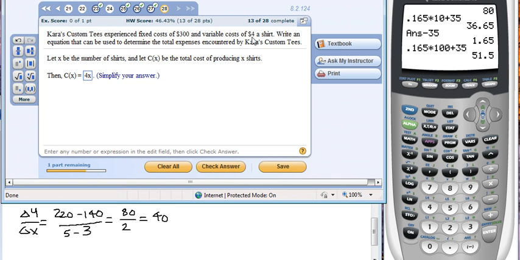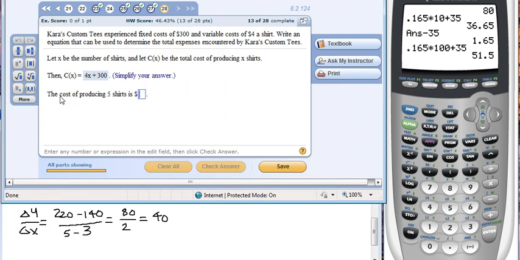Okay, so this is your variable that goes with the x. And then we always have to add on $300, right? So if she makes 0 shirts, it's $300. 4 times 0 is 0. 0 plus 300 is 300. She still has to pay that. If she makes one shirt, 4 times 1 is 4, plus 300, she's got a $304 bill. And so on and so on. Okay?